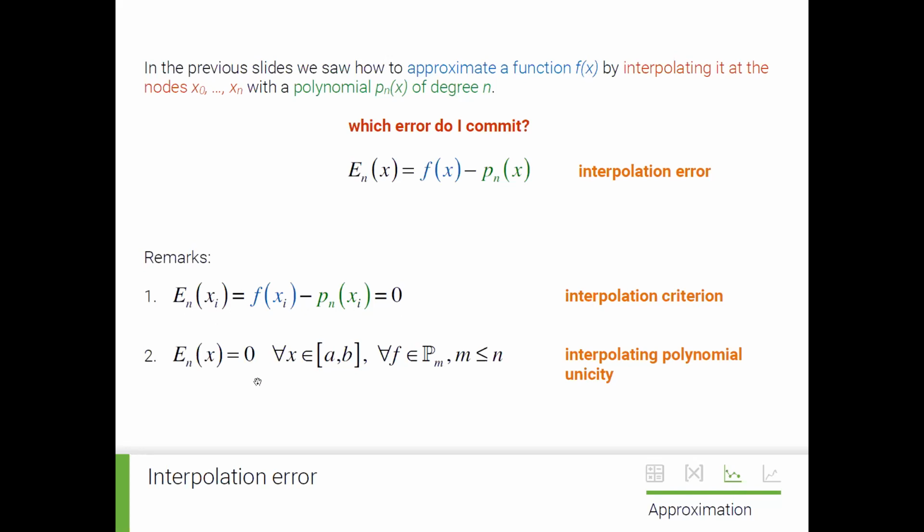And the second one, e_n of x is 0 for all x from the interval a, b and for all f from the class of polynomials of degree n. This is the interpolating polynomial unicity.